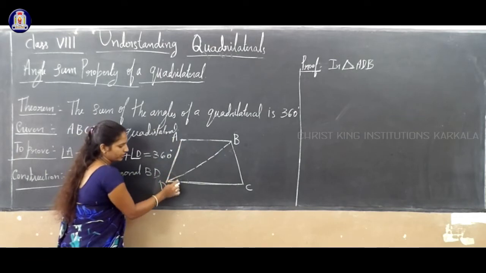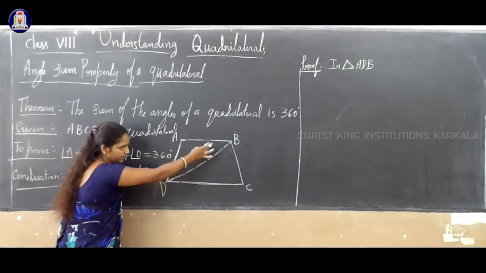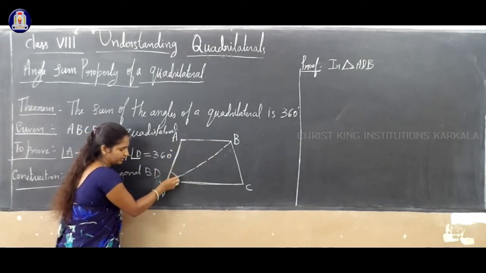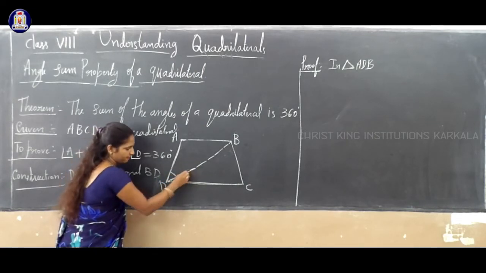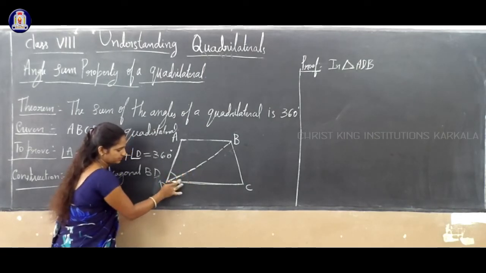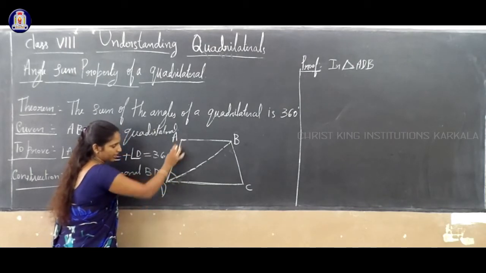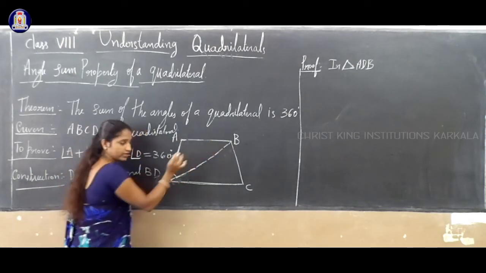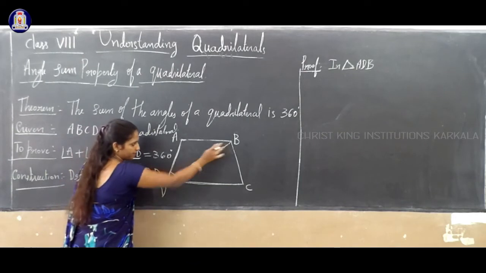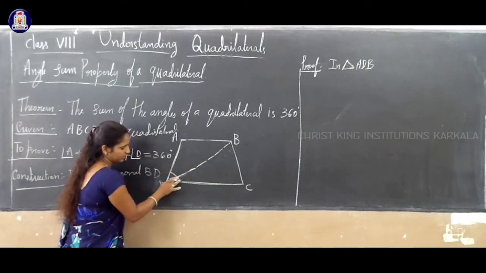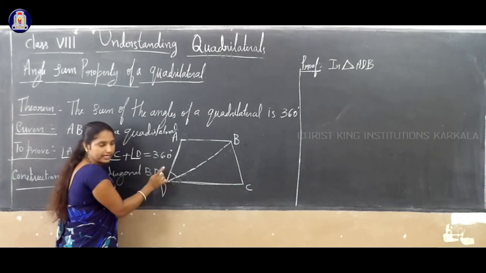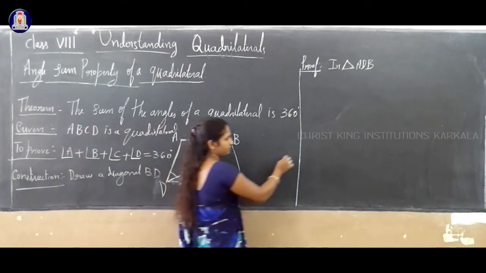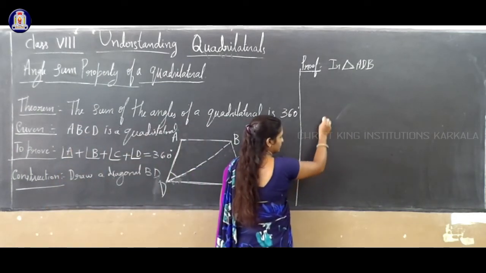In triangle ADB we get this angle, correct? This is angle ADB. It's not angle D. This is half of angle D.